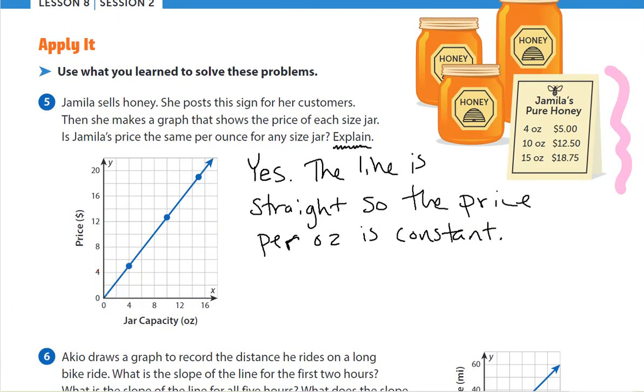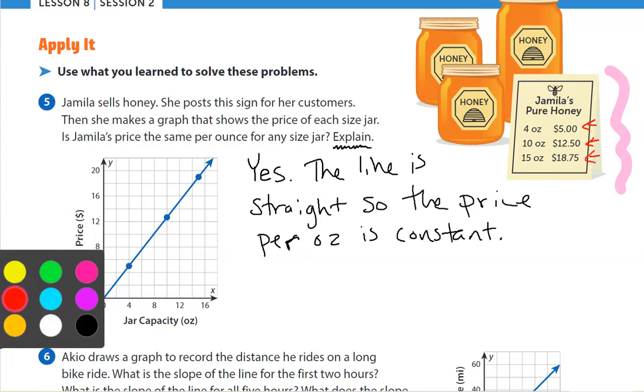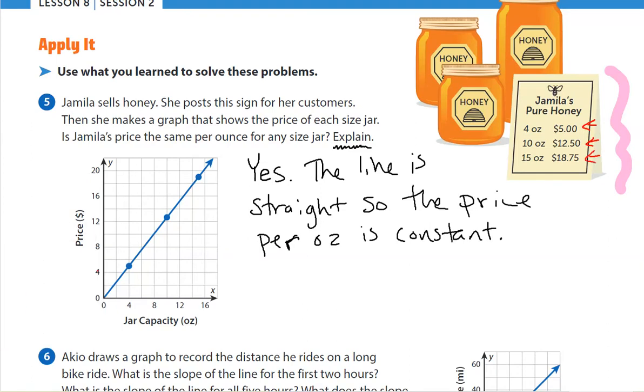And if you want to be a super diligent student, you can double check this by looking at the price per ounce for each of the prices on her list. So you would say 5 ounces for $4, that's $1.25 an ounce. Then you could say 10 ounces for $12.50.